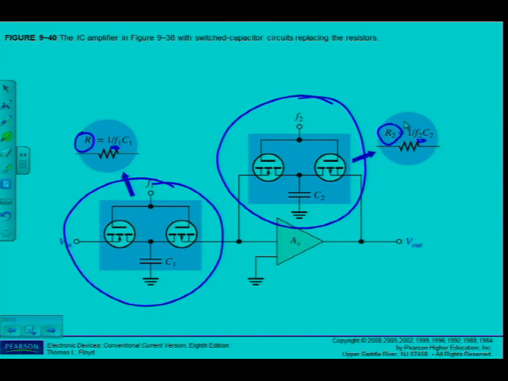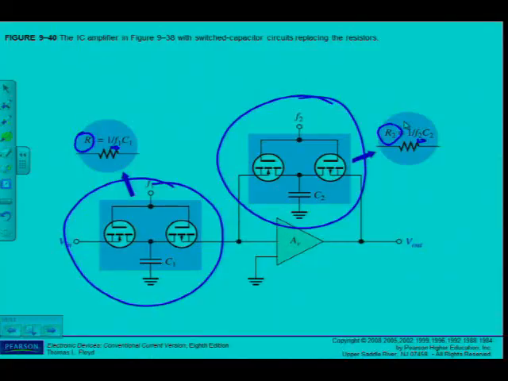Okay, so we've seen what the advantages are. Less heat generated, smaller, and so forth. Specifically for use on integrated circuits in these specific amplifiers.